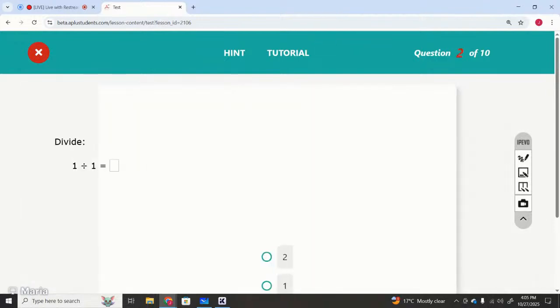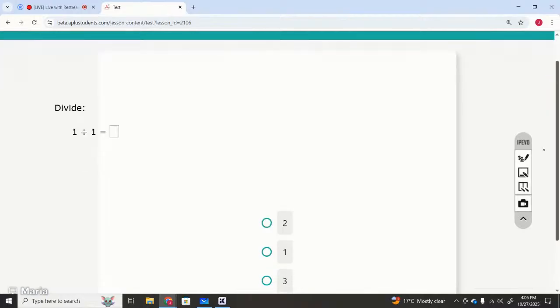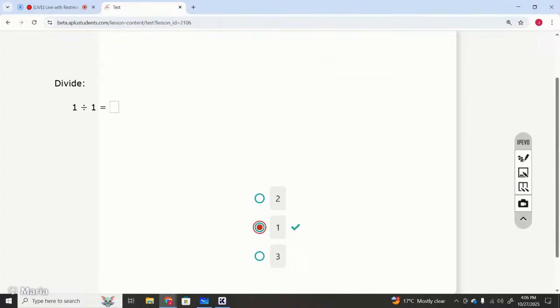The correct option is 9. One divided by 1. So 1 times 1 is 1. The correct option is 1.